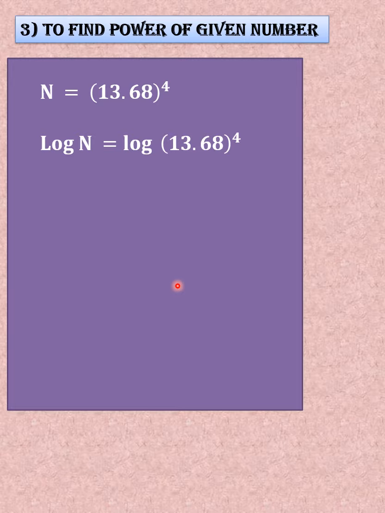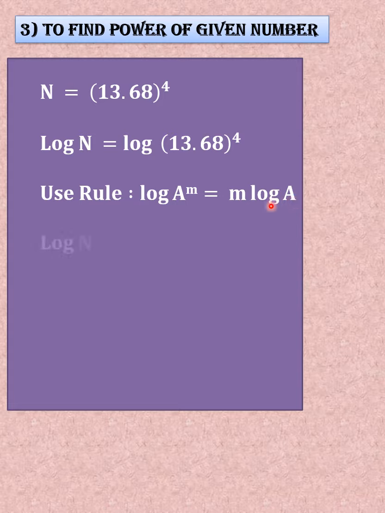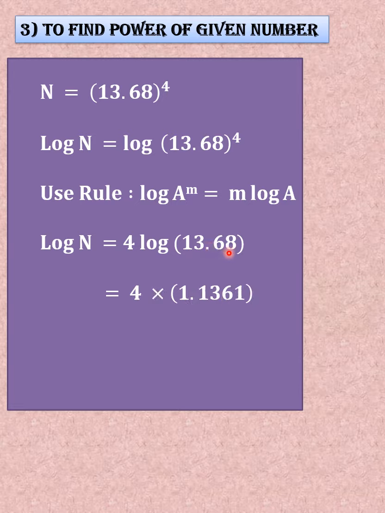Use the formula log of a raised to m equals m log a, which means the power gets multiplied to the log of the number. Then log N equals 4 multiplied by log of 13.68.